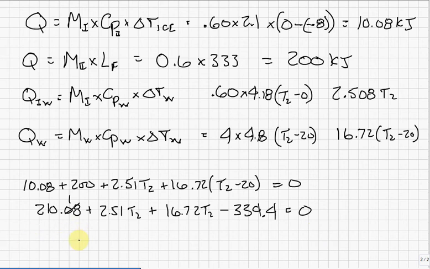And we'll rearrange this a little bit. We get 2.51 T2 plus 16.72 T2 equals 334.4 plus 210.1.